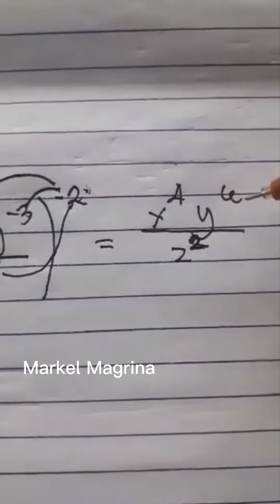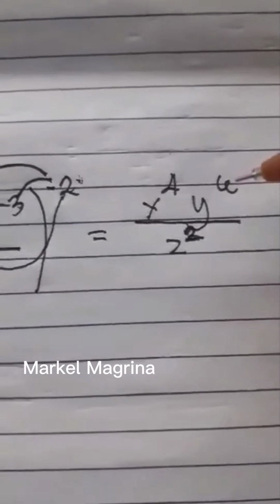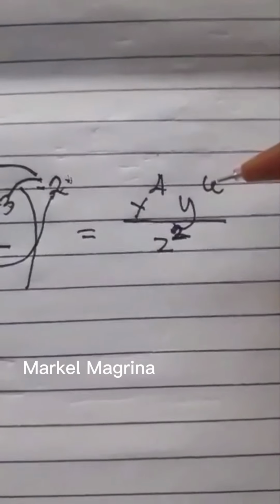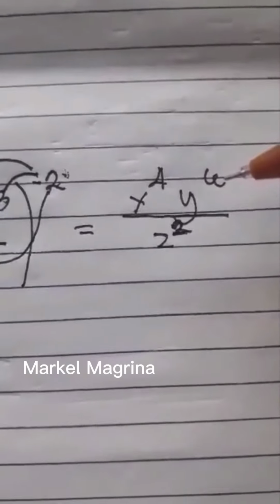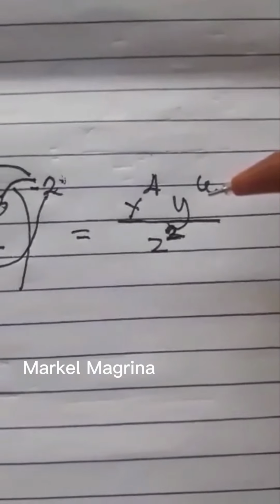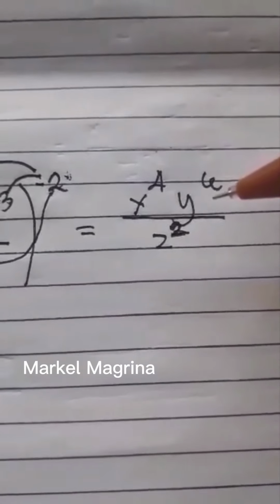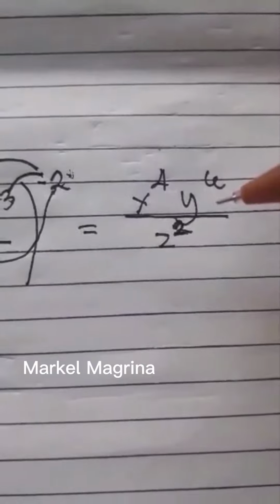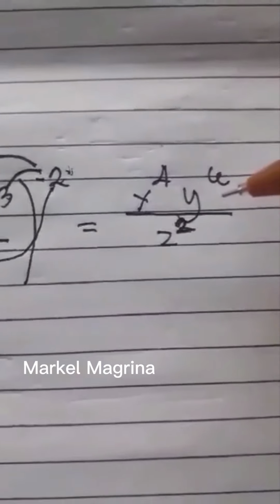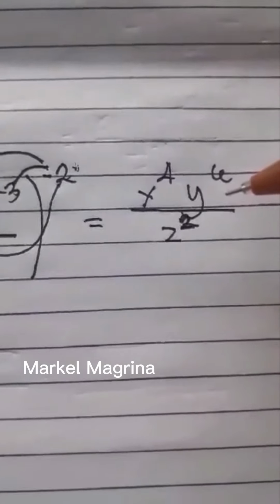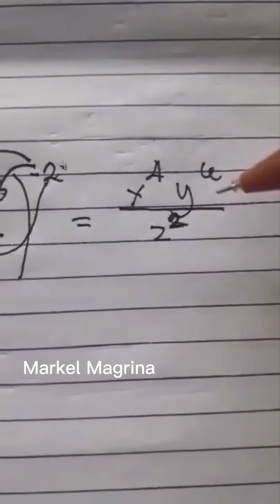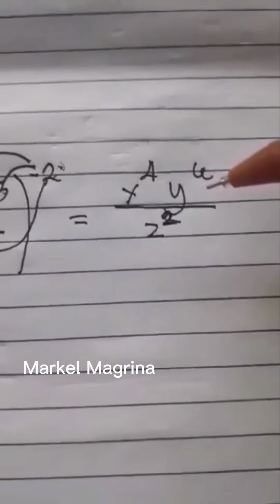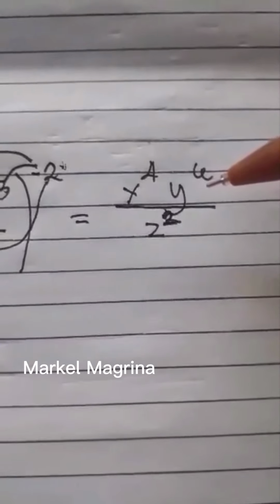Same with 6, it becomes positive because negative 3 times negative 2 has the same sign, so positive 6. And 2 is also positive because negative 1 and negative 2 have the same sign. So that's all for number 46.